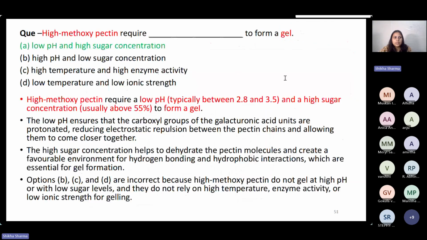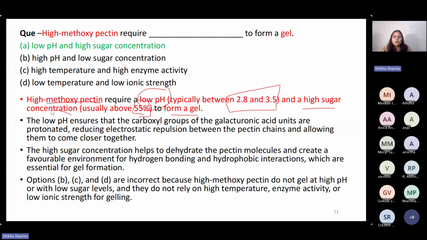Okay, let's see. So A is the correct answer here. When we have high methoxypectin, we need low pH, around 2.8 to 3.5, and a high sugar concentration, greater than 55%, to form a gel.